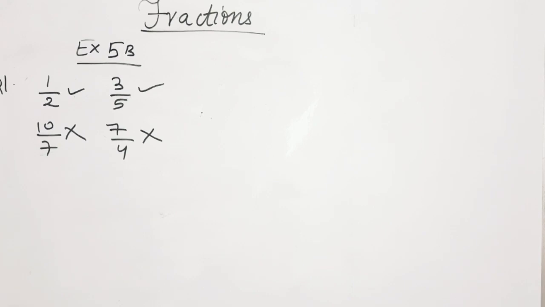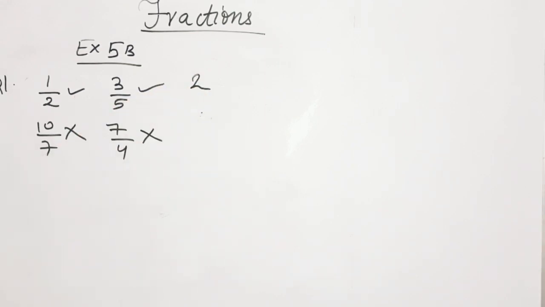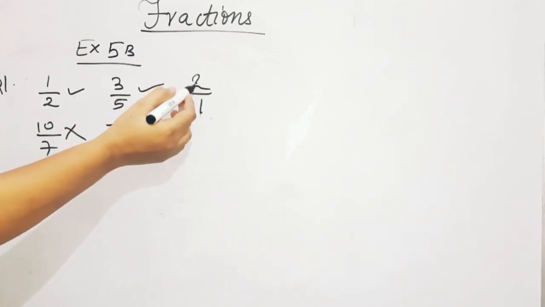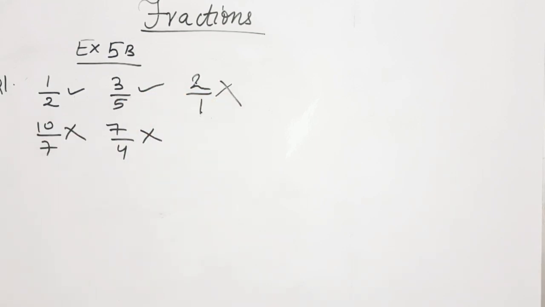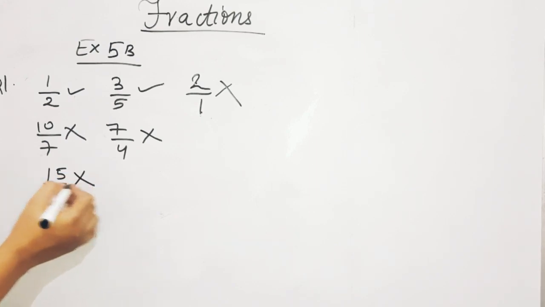Numerator is bigger than the denominator. Now 2. When any such fraction is given with no denominator below it, by default we are going to consider 1 as the denominator. So 2/1, that means the numerator is greater than the denominator. Again it is an improper fraction. Coming to 15/8. Again the numerator is greater than the denominator. It is also an improper fraction.